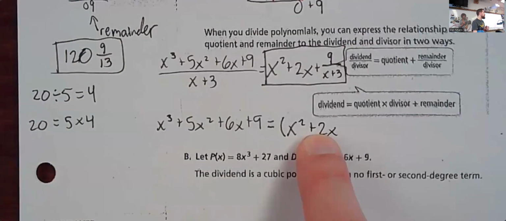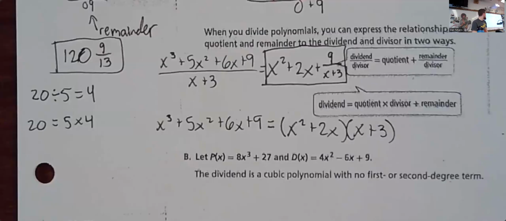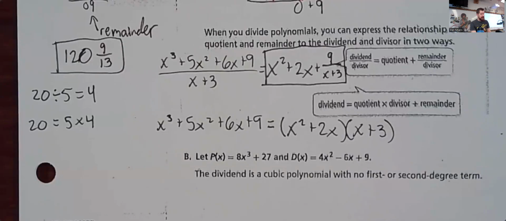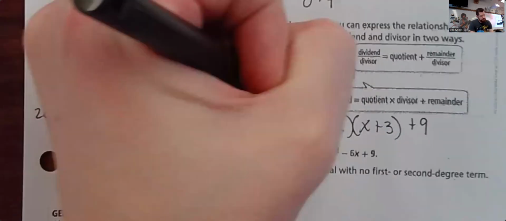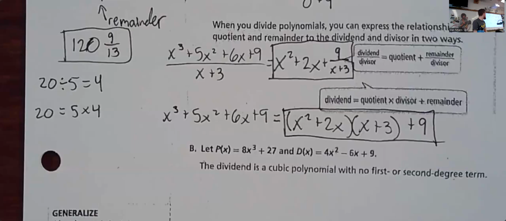That was the whole number, right? Our whole number was x squared plus 2x multiplied by the divisor of x plus 3, plus the remainder. Two ways to write our answer then.